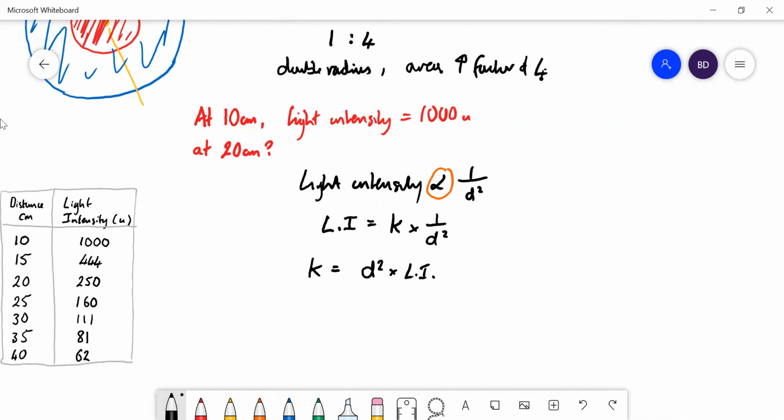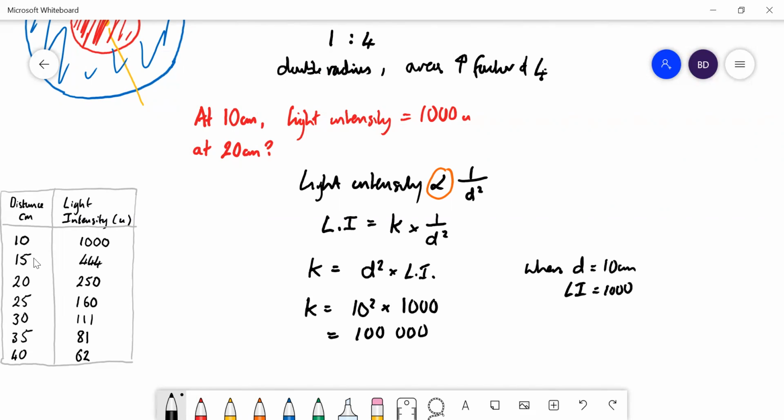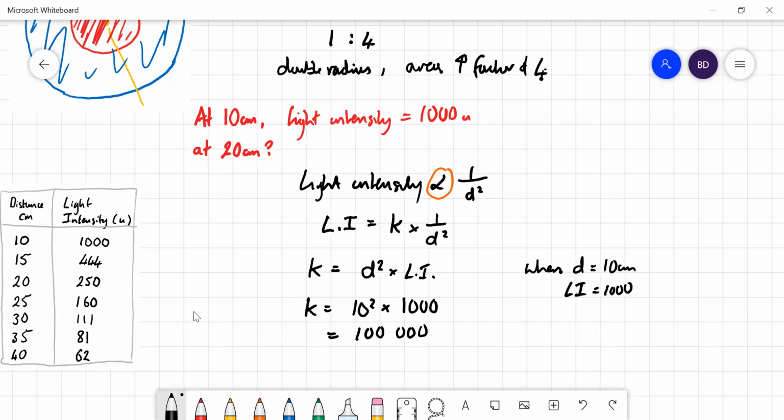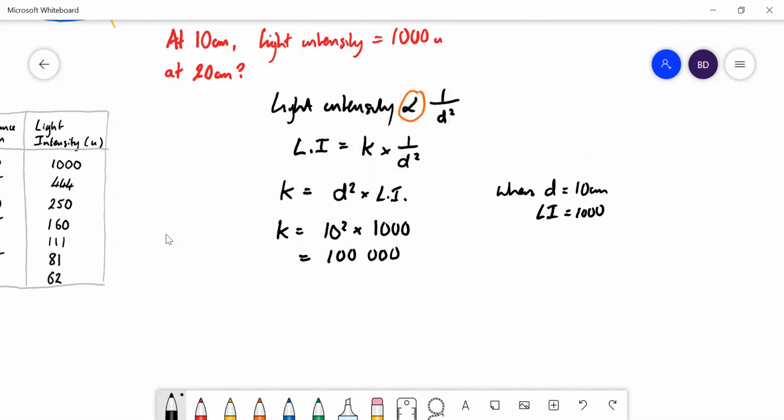So when the distance is 10 centimeters, we know that the light intensity is equal to 1,000. So the constant is going to be equal to 10 squared multiplied by the light intensity, 1,000. That is equal to 100,000. Now let's work out the light intensity at, shall we say, 25 centimeters.